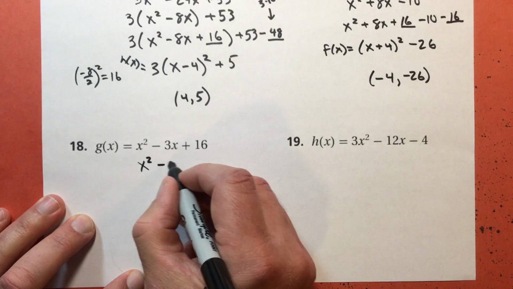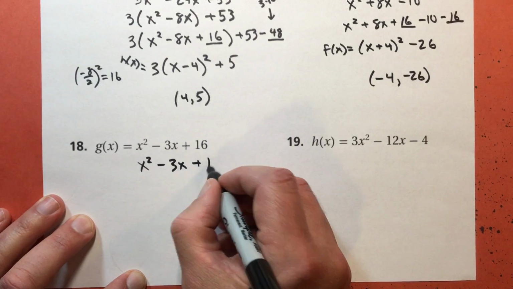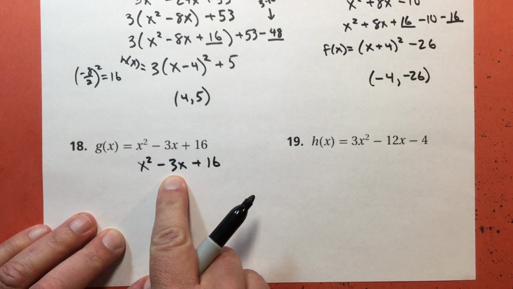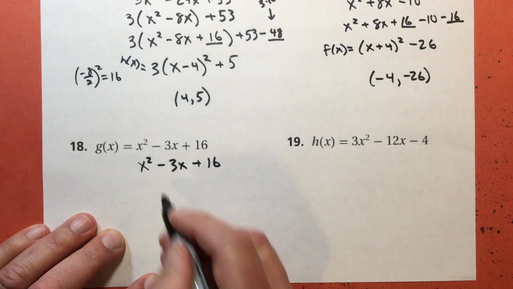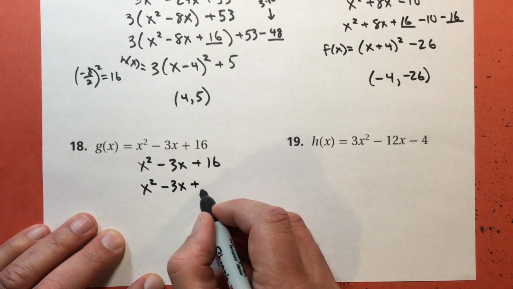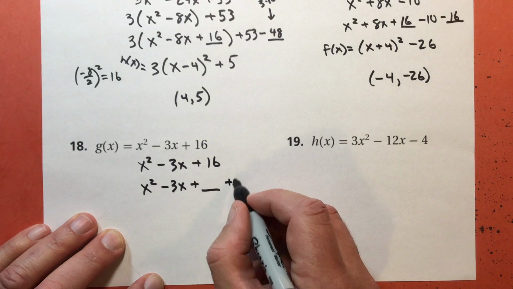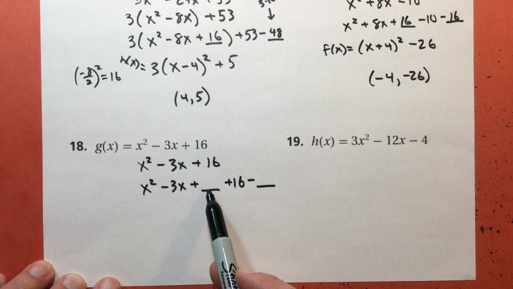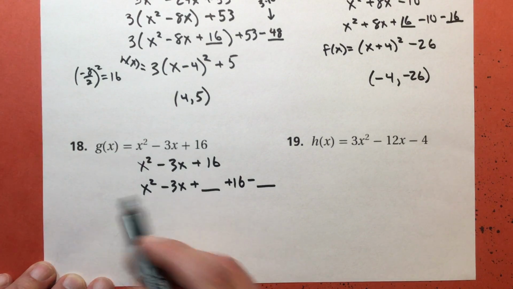X to the second power, subtract 3x plus 16. Uh-oh. Why am I saying uh-oh? You know why? Because that's an odd number. This is x squared, subtract 3x plus something, plus 16, subtract something. So what goes in this blank right here? What completes the square?